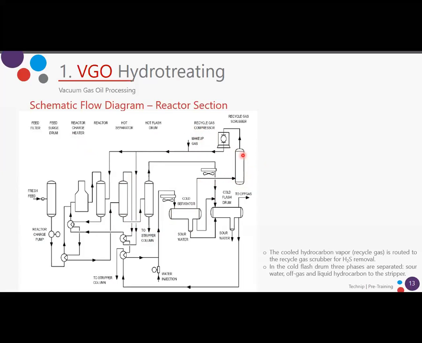Here in this scrubber, we will eliminate the H2S in this recycled gas. Okay, and then we will go to the compressor, and we will join with the makeup gas and go to the reactor as quench, or we will mix with the feed. So this is the scrubber that we were talking about, and it is important to have the appropriate purity in the recycled gas.